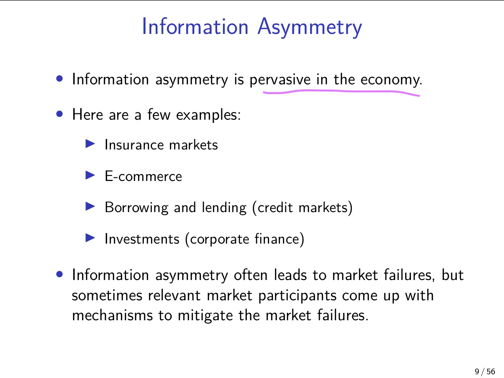It not only exists in the used car market, although the used car market by itself is a fairly large market, but it exists in many, many other contexts as well. And one would argue that in almost all aspects of the economy, there's more or less some sort of information asymmetry, which is not surprising because naturally, nobody knows exactly the same thing.